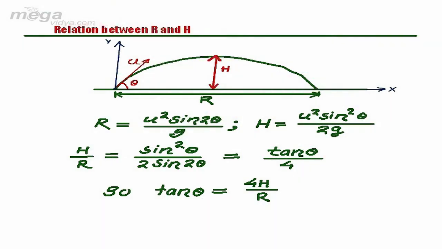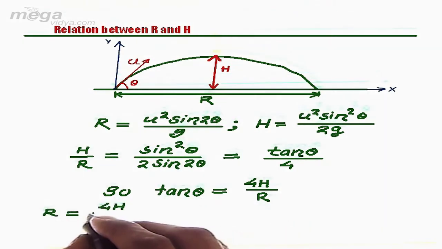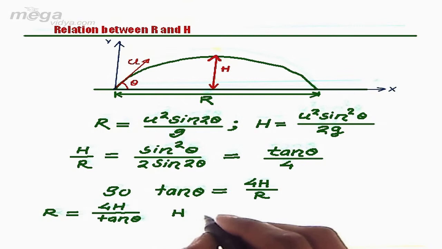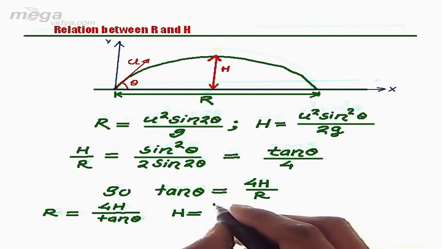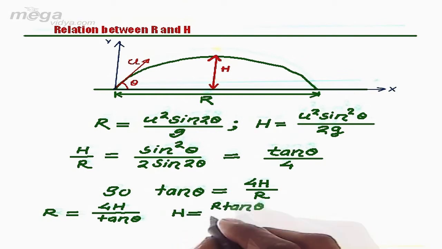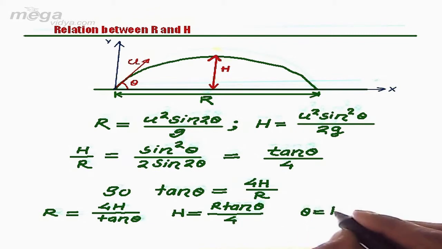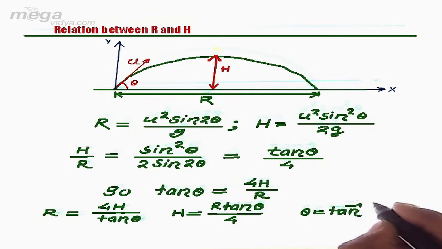So we can further rewrite this relation as R equal to 4H upon tan theta. If we want to get the maximum height, then it can be written as R tan theta divided by 4, or theta can be taken as tan inverse 4H upon R.